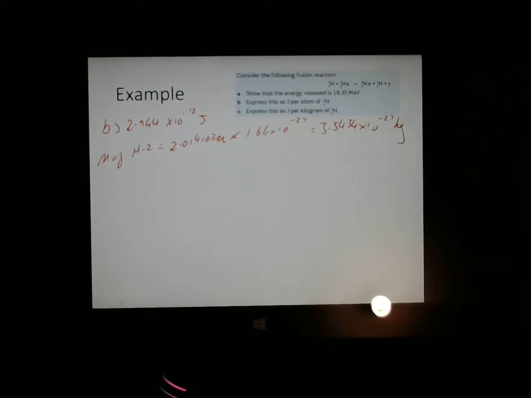And yes, all those numbers match up. So that is the mass of one atom. We need to know how many atoms are going to be in a kilogram of stuff, so then we can work out how much energy is released per kilogram.